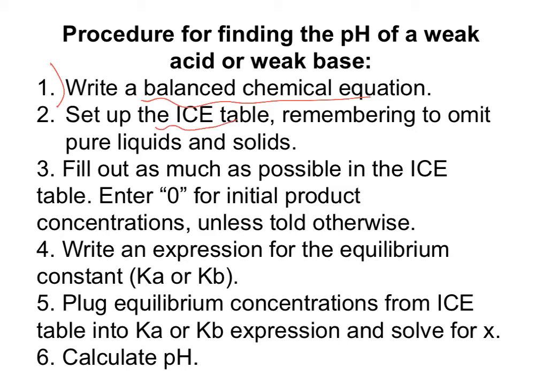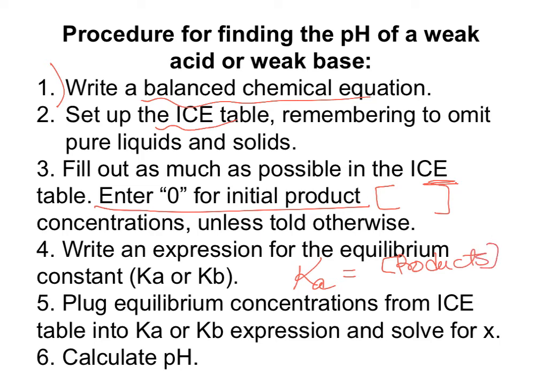Fill out as much as you can in the ICE table. Remember to enter 0 for the initial product concentrations, unless the problem tells you otherwise. Go ahead and write your generic expression for Ka or Kb so that you're ready to plug the equilibrium amounts in when you work through the ICE table.